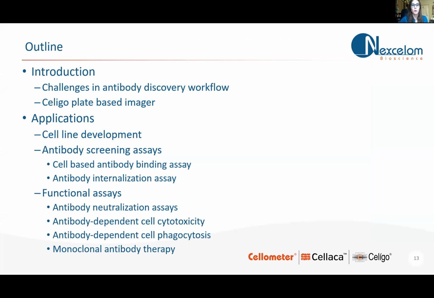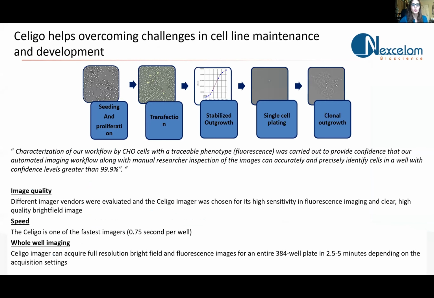So now I'm going to focus on the applications themselves that come into play in the context of therapeutic antibody discovery. So the first thing is that you can utilize Celigo to establish and maintain cell lines. And this can be true for things like CHO cells, as well as other cell types such as hybridoma.